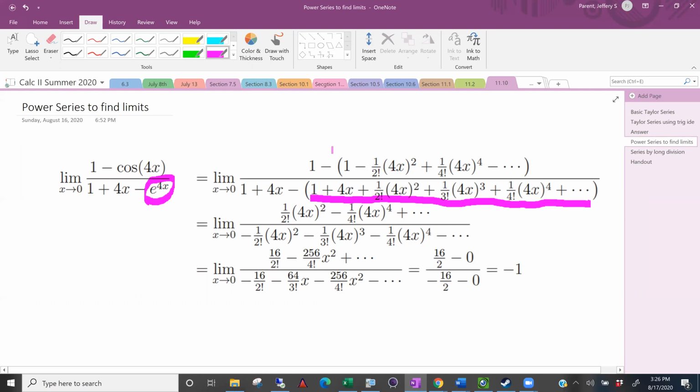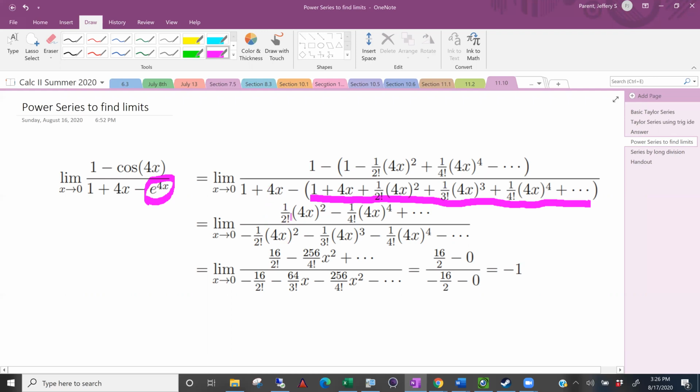If you distribute that negative to every term in the numerator, you'll get what's below here. The negative is going to change the sign. The -1 and +1 will cancel. And likewise, similar phenomenon is going to happen in the denominator.